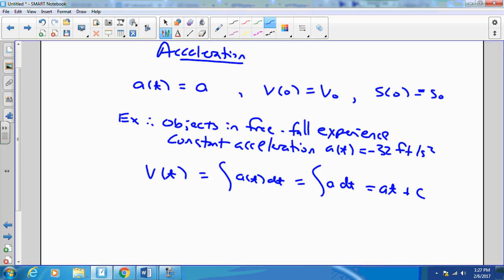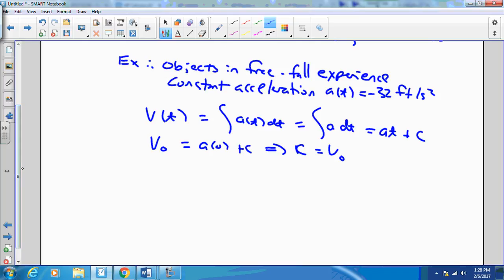And when you plug in 0 for t, you get c is equal to v0. So we get an equation that is going to be familiar to physics students everywhere, and that is that v of t is equal to a times t plus v0, or v0 plus at.